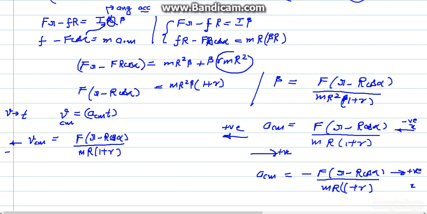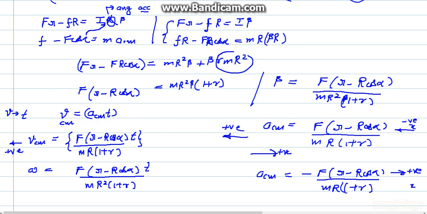We are taking velocity positive in this direction, into time t. And what will be omega? Because of pure rolling, omega will be v upon R, so it is F times R minus r cos alpha into t upon mR square into 1 plus gamma.